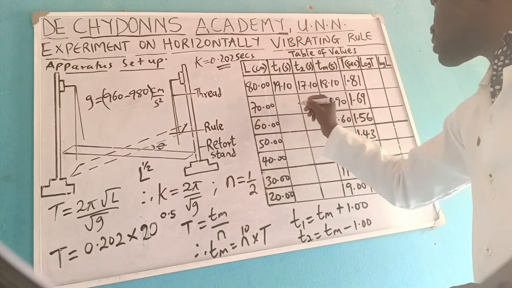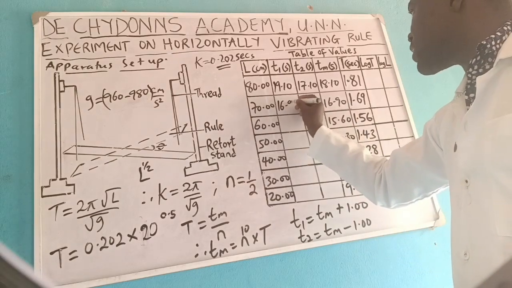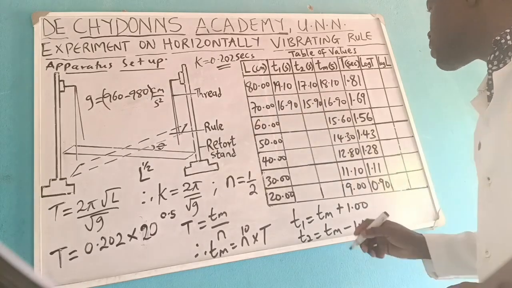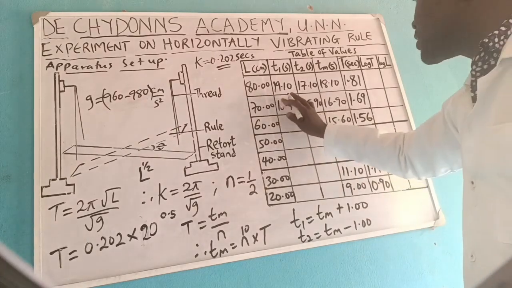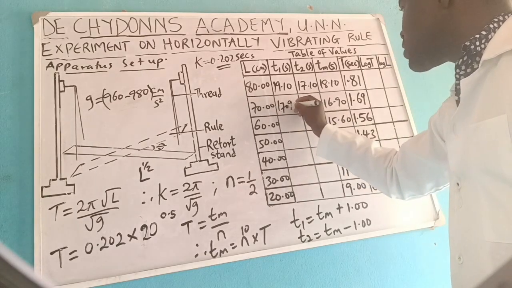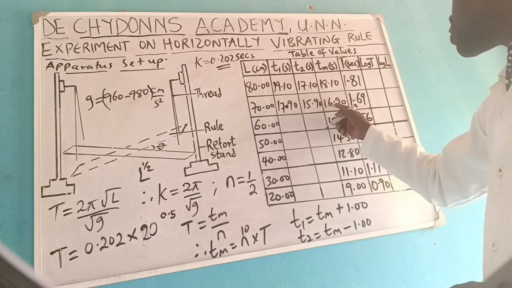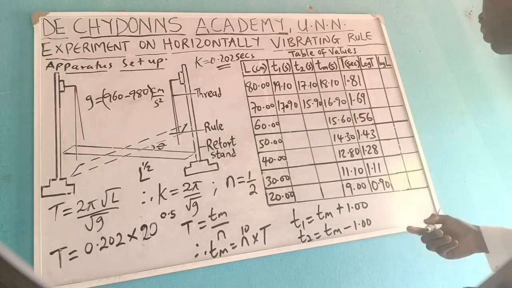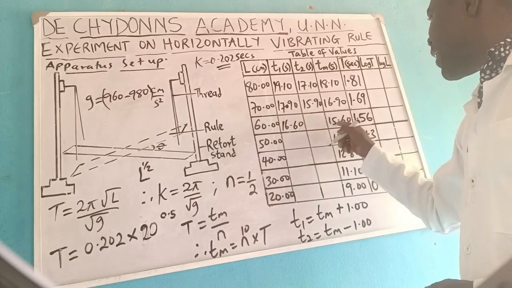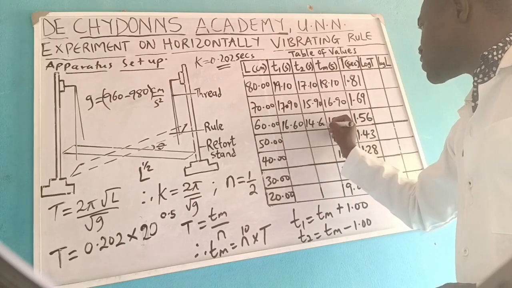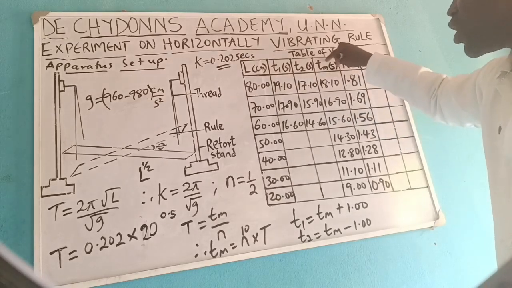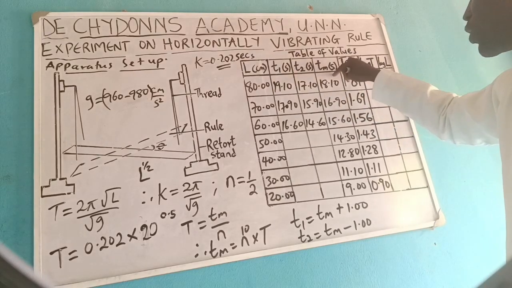Then this one, 16.90, 15.90. This plus 1 gives 17.90, and this one minus 1 gives 15.90. This plus 1, 16.60, minus 1, 14.60. Such that when you add and divide by 2, you get the Tm.